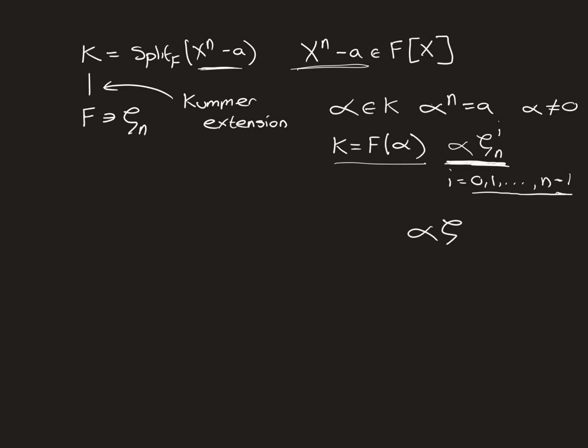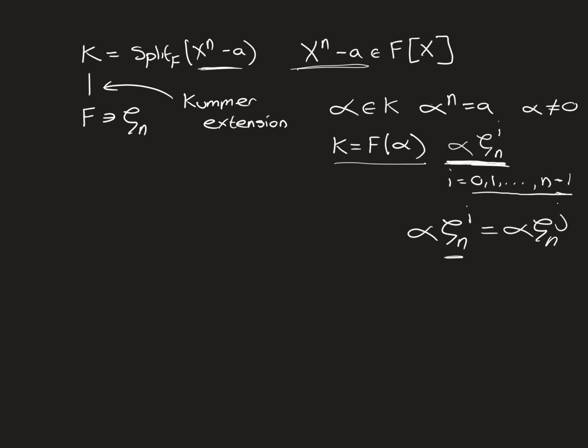But because alpha is non-zero, they're not going to be the same element, because if you had alpha times zeta n to the i equal to alpha times zeta n to the j, where i doesn't equal j, well, you can multiply through by alpha's inverse, because alpha doesn't equal 0, and then you'd get a contradiction, because you'd have some smaller power of zeta n.